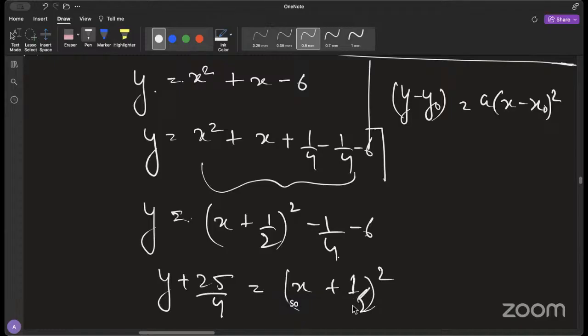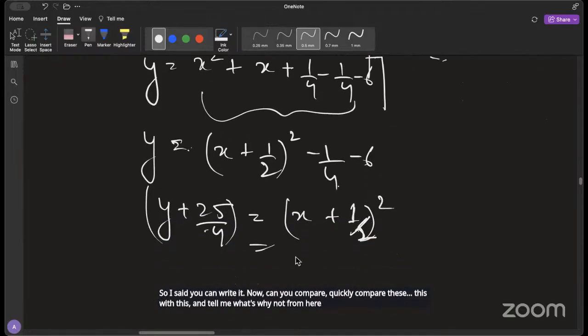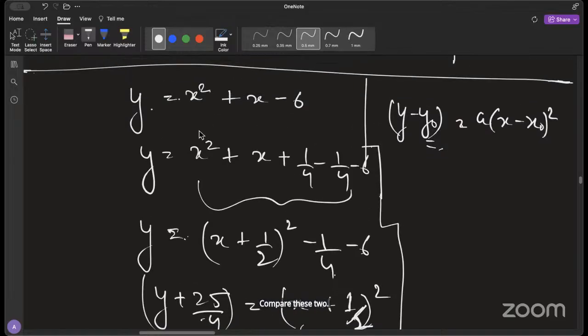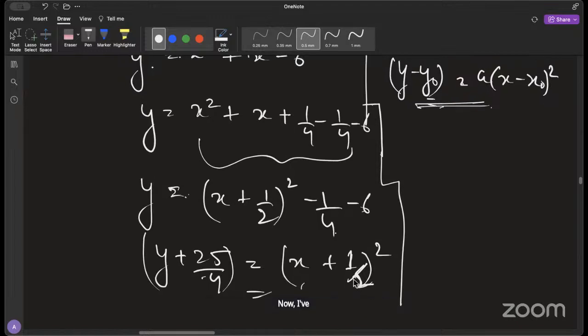So I said you can write it. Now can you quickly compare this with this and tell me what's y naught from here and what's x naught from here. Compare these two. We claim that every quadratic equation can be written in this format. Now I've written it in this format for you. Tell me what's y naught from here and what's x naught.